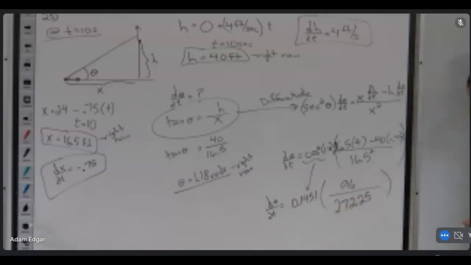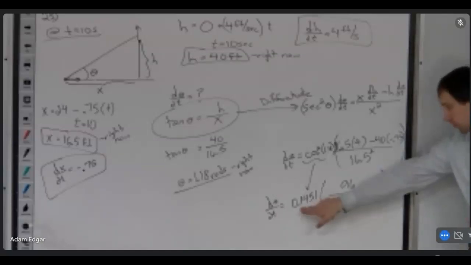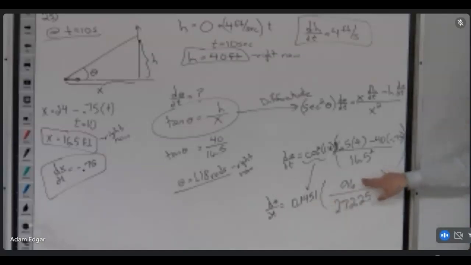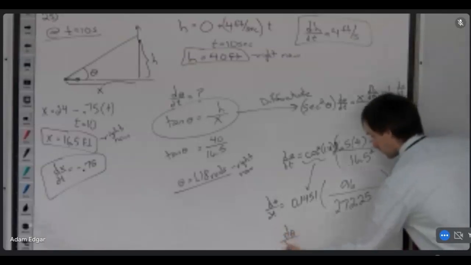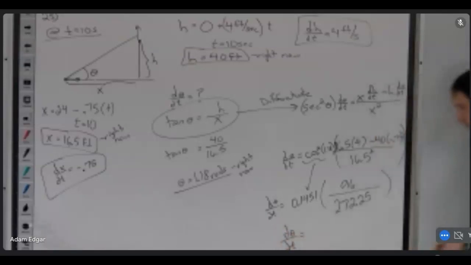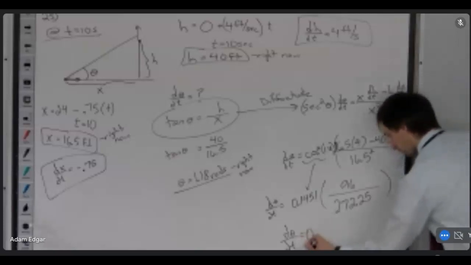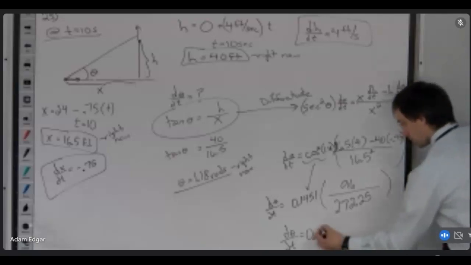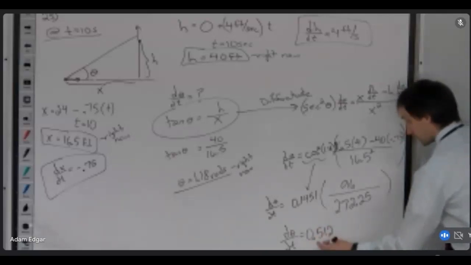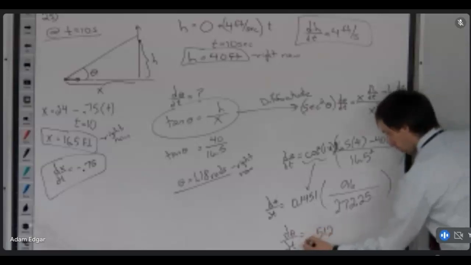And then times 0.1451 with 96 and divide by 272.25. And what do we get? I'm guessing it's a 0 point number. 0.0512.